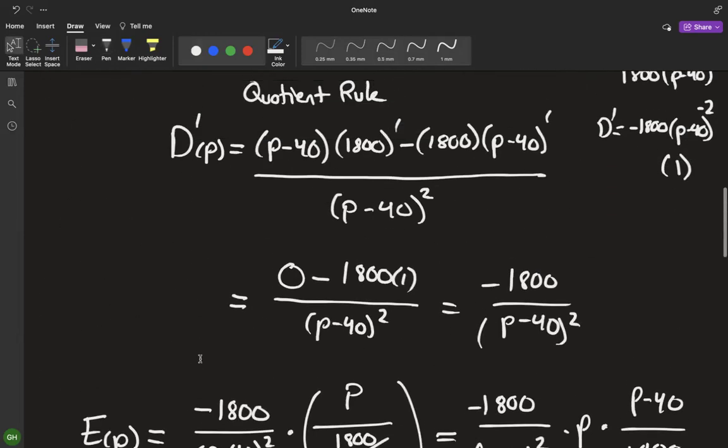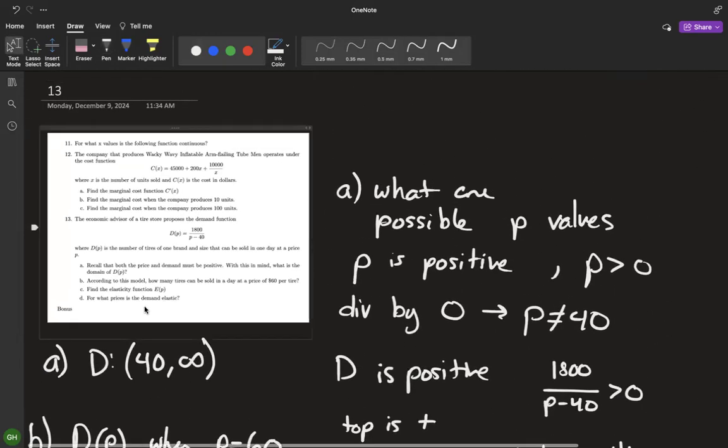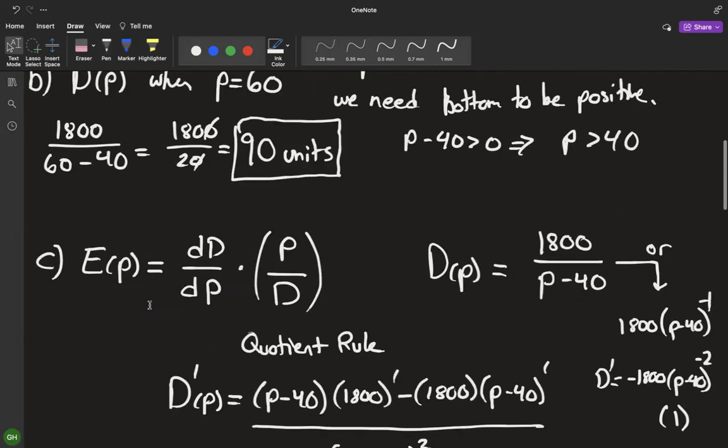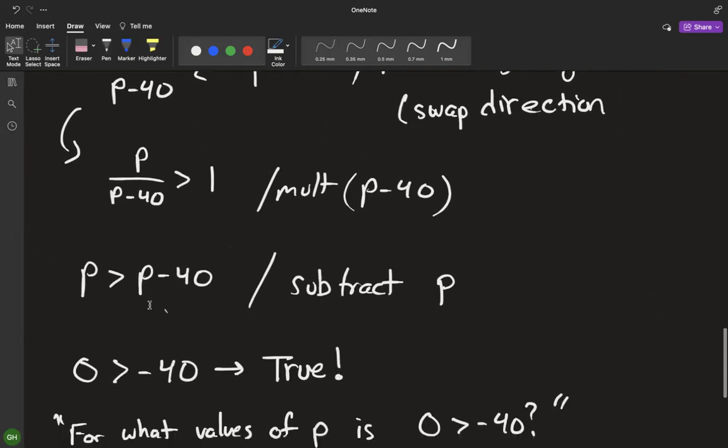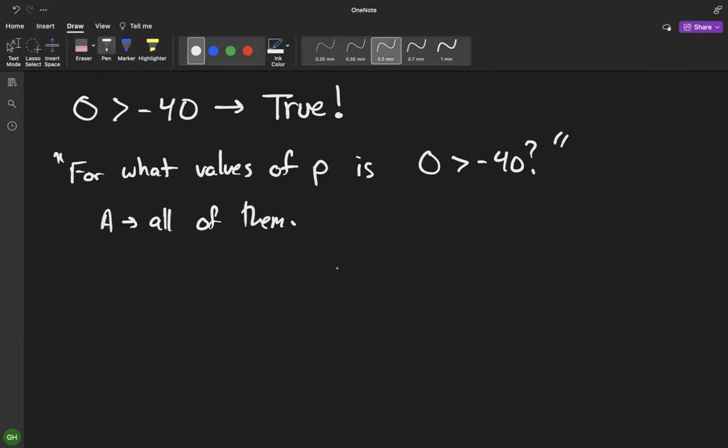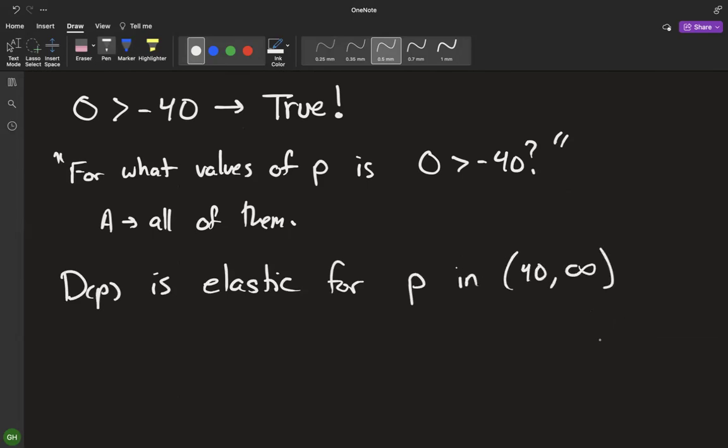So when the question asks us, for what prices is the demand elastic? Well, it's for every price it could possibly be, which we know from part A is 40 and upwards. So D of P is elastic for P in 40 to infinity.